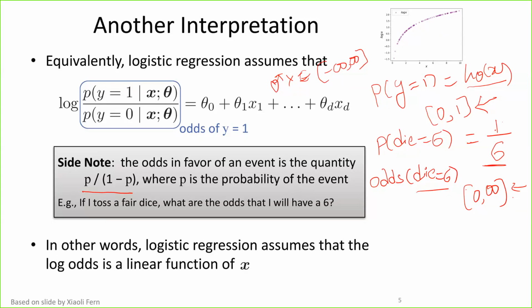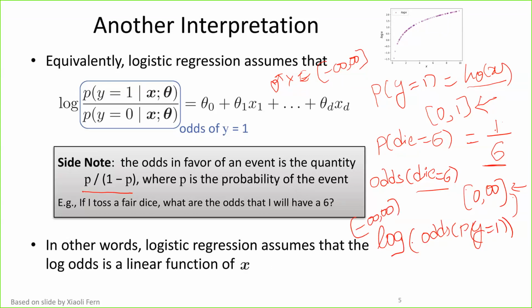To do that, we can give it to the log function: log of the odds of the probability of y equal to 1. So this is in the range of minus infinity to infinity.